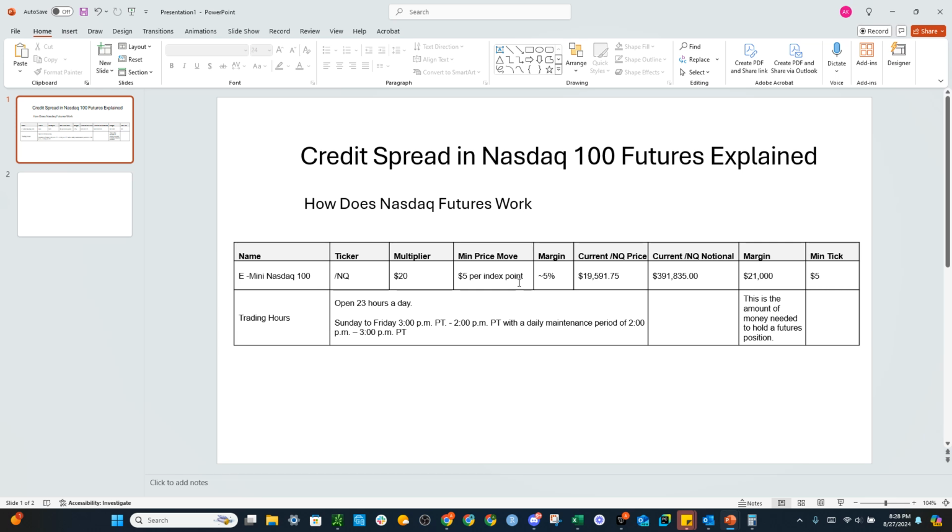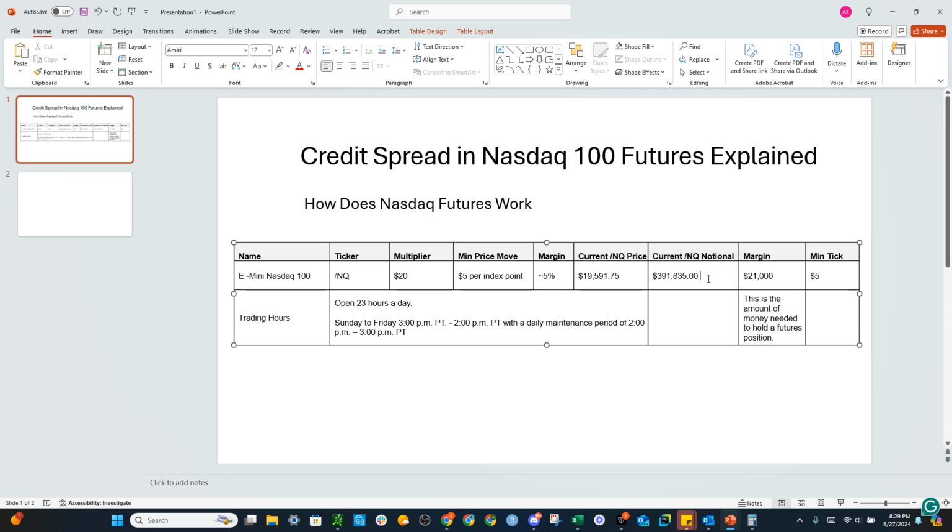Now, what's the initial margin to trade a futures contract? It's roughly around 5% right now. I did this slide a couple of hours ago. That's when the NQ price was trading at 19,591, and I just saw that it is now trading slightly higher, or slightly lower, I guess.